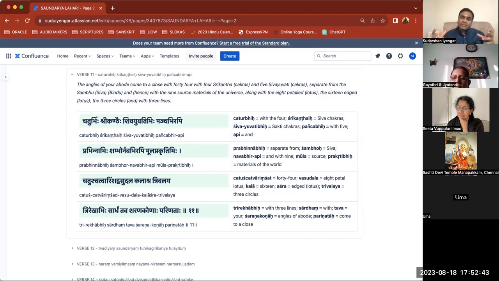It creates a field, which is why yantras are very powerful actually. Yantras can create a force field in the space where they are installed.